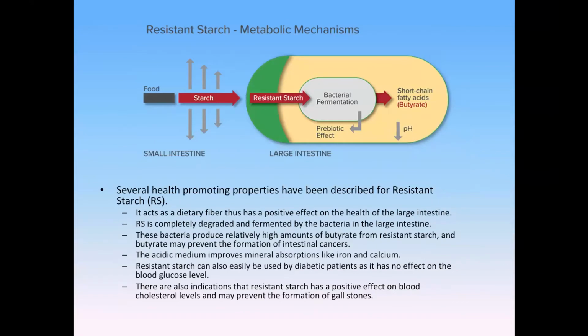Resistant starch, as you can see here in the graph, the food, if it has starch, we can absorb it in the small intestine, but the resistant starch escapes the absorption and escapes the digestion. But it has a very important role because the bacteria, the normal flora we have in our large intestine, ferment this resistant starch and produce something called butyrate, a prebiotic.